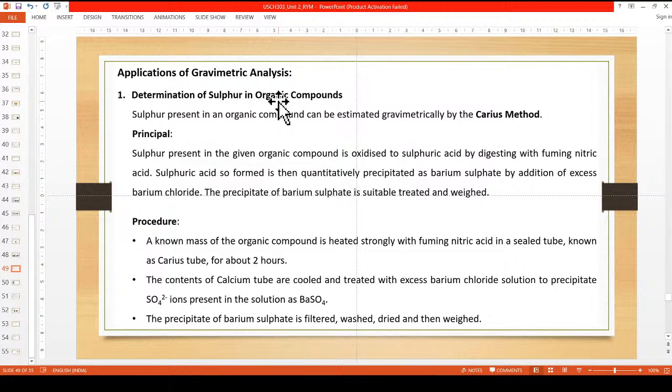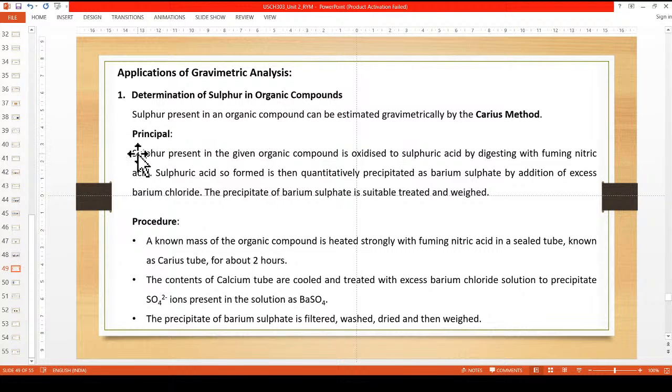So if thiourea is your compound, then you can analyze sulfur from thiourea. The process is known as Carius method of analyzing. In this, what is done in this method?